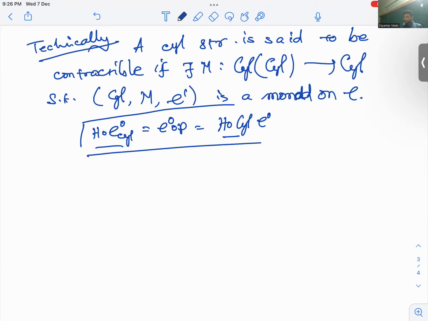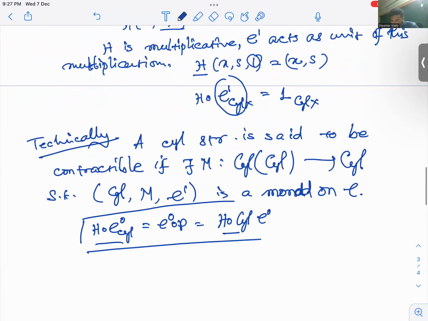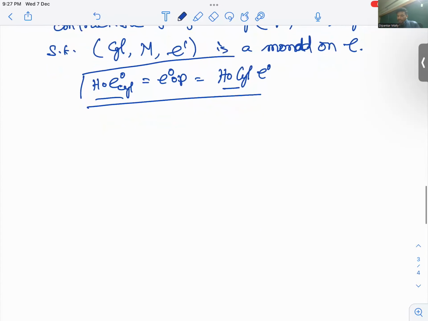Okay. All right. So now one can, in principle, talk about multiple other things, but having a cylinder structure really gives you a way to define several topological structures in arbitrary categories.